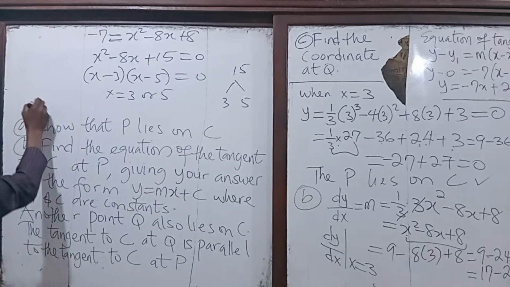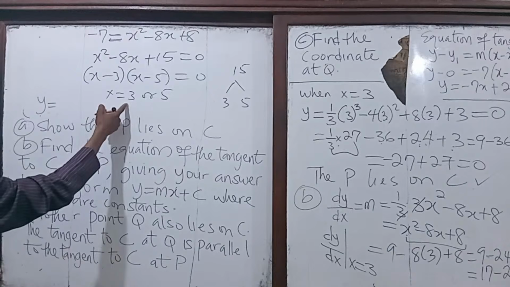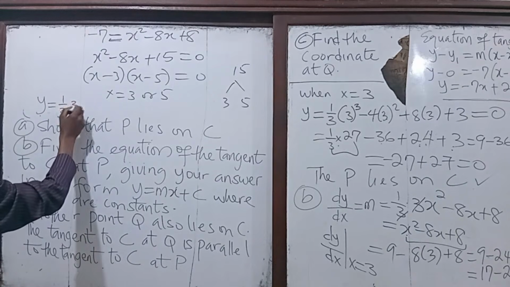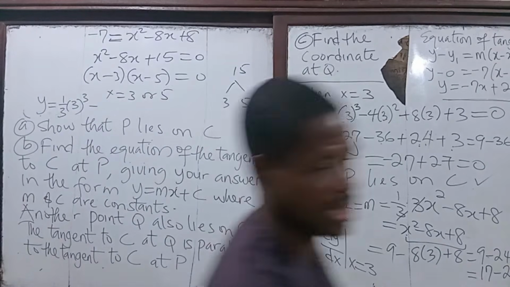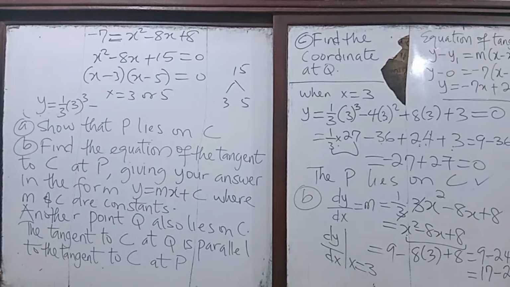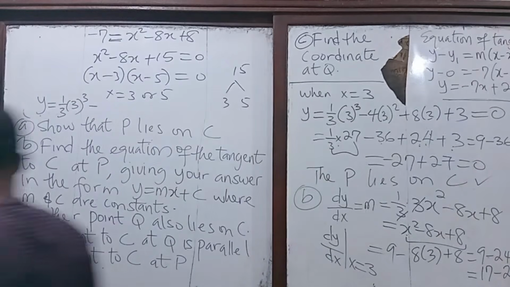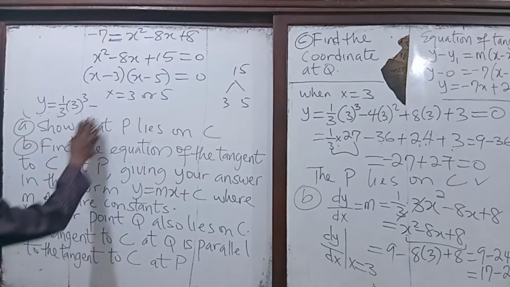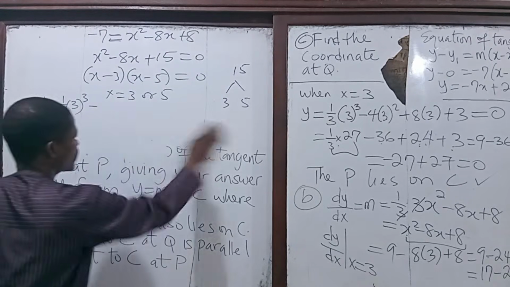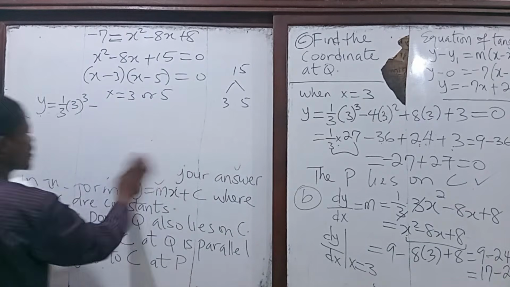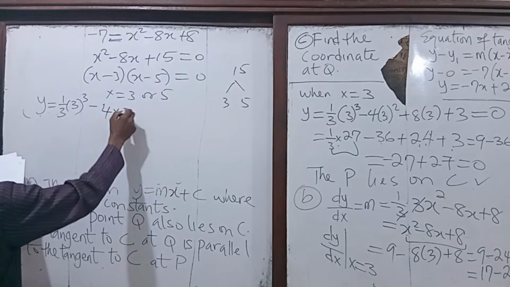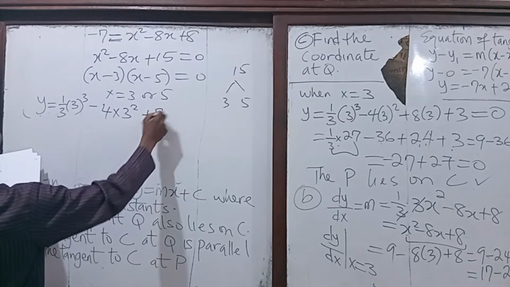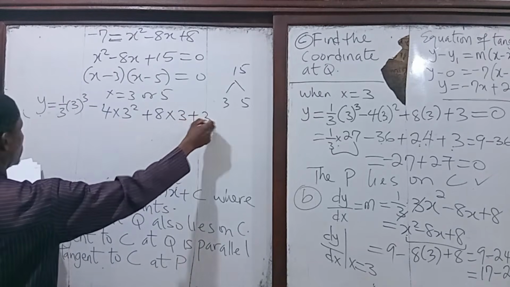When x is equal to 3, y is equal to 1 over 3 times 3 cubed minus 4 times 3 squared plus 8 times 3 plus 3.